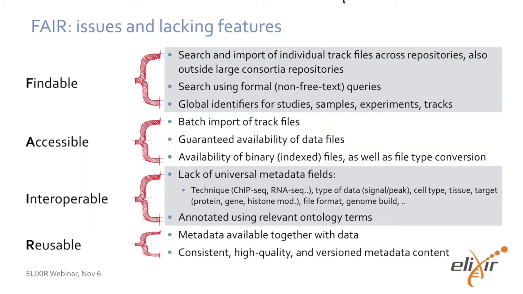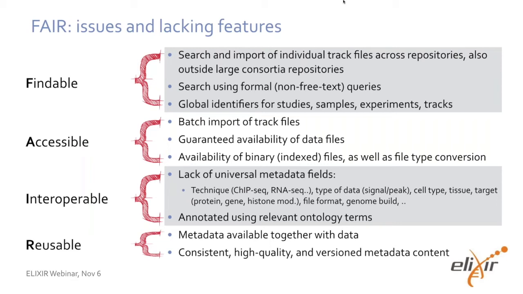Unfortunately, now it should be general across different tracks, but such fields have not been specified. Also, the tracks should be annotated using relevant authority terms so that you can easily find tracks that are connected to different terms and not using different variants of the same concepts.